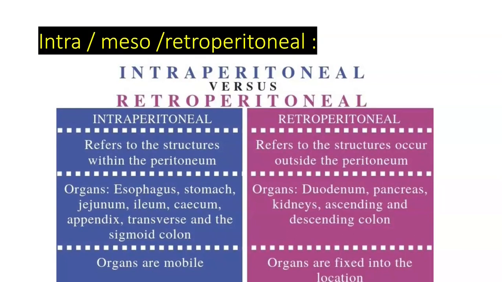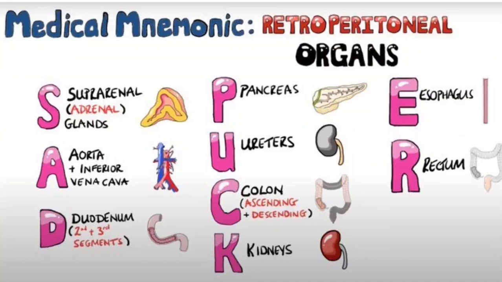They are non-mobile, and they are the duodenum, pancreas, kidneys, ascending colon, and descending colon. Again, the mnemonic for the retroperitoneal organs is SAD PUCKER. Okay, these are the actual differences between the intra and retroperitoneal organs.